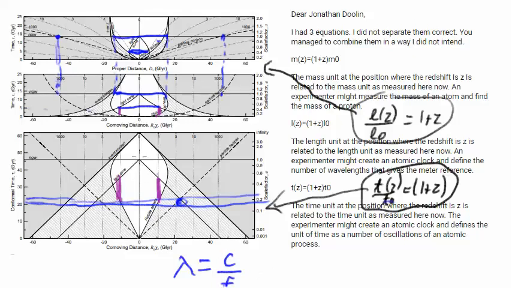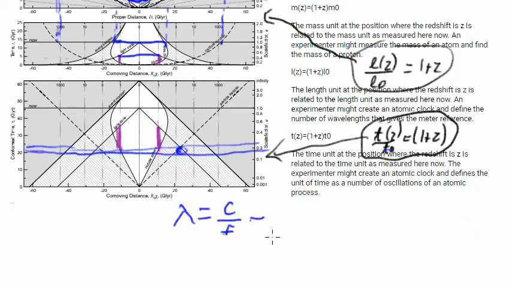And so when that wavelength gets here, that frequency is going to be basically f sub naught times this fraction. It's going to be a slower frequency.